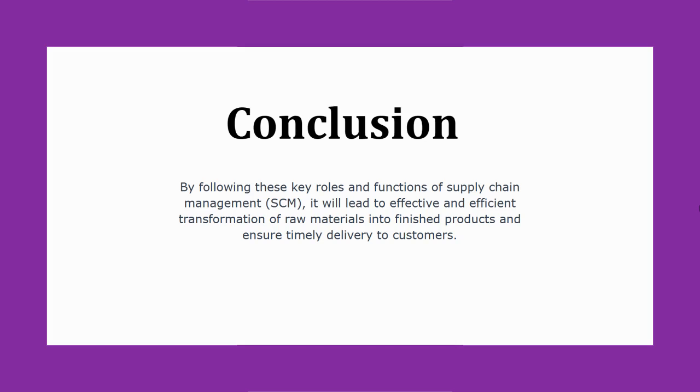We need to make sure that all these roles and functions are playing very well along the line in the supply chain process. It will lead to effective and efficient transformation of raw materials into finished products. And at the end of it all, we are able to ensure timely delivery to customers.